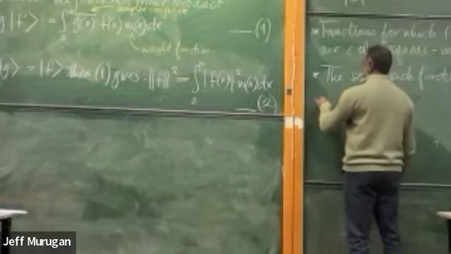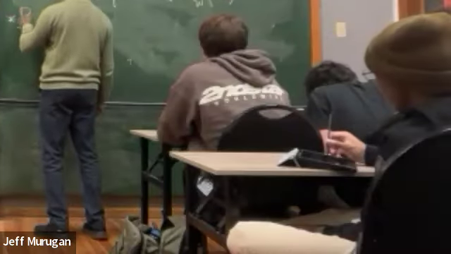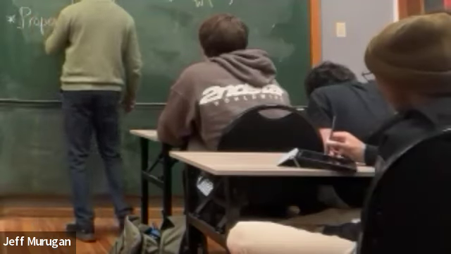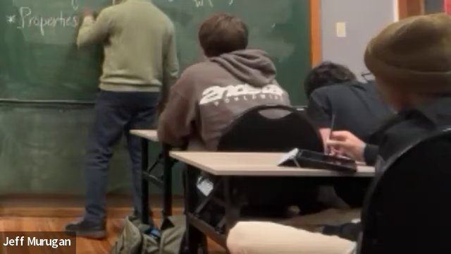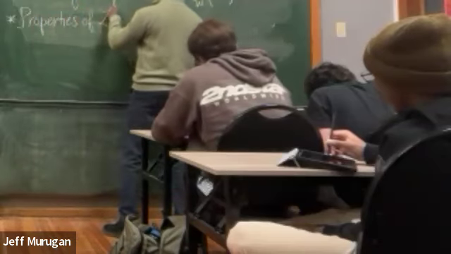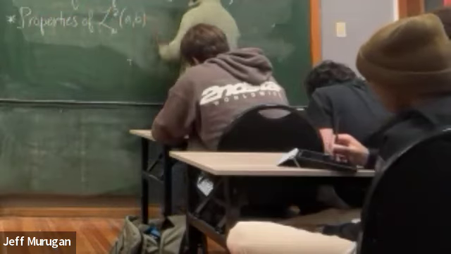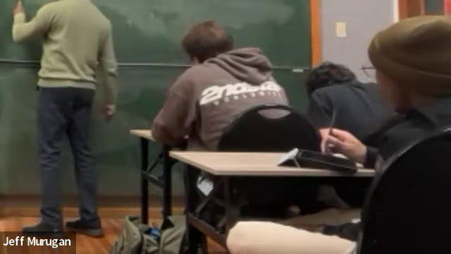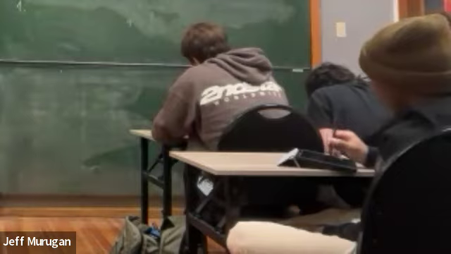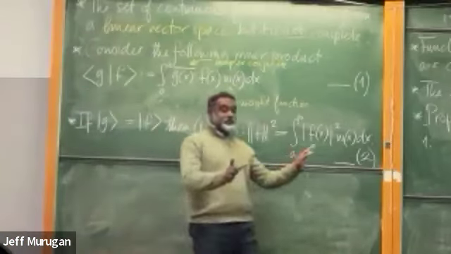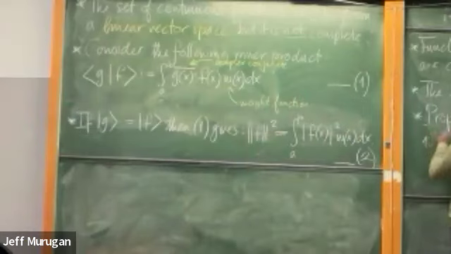I should tell you a little bit about some of the remarkable properties of the set of square integrable functions. It has a number of remarkable properties. I'm not going to list all of them, but I can tell you two. First is that it is complete, which is great, and that's what we want.